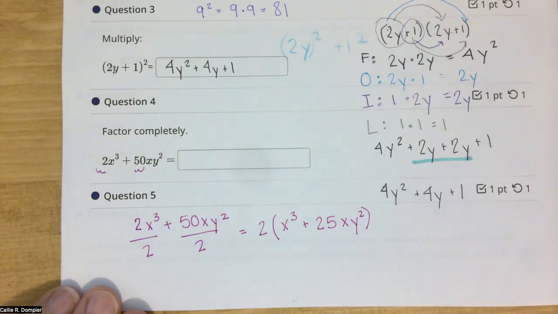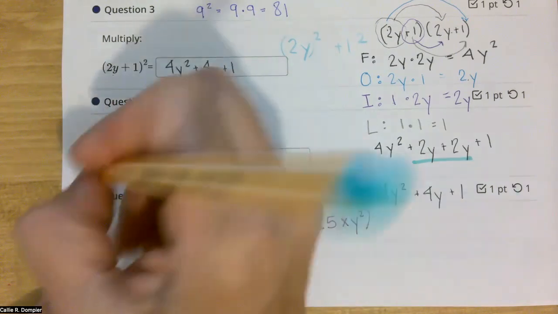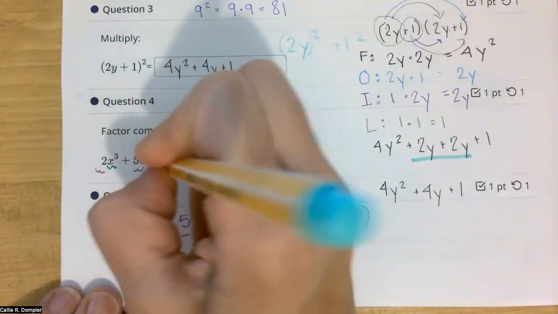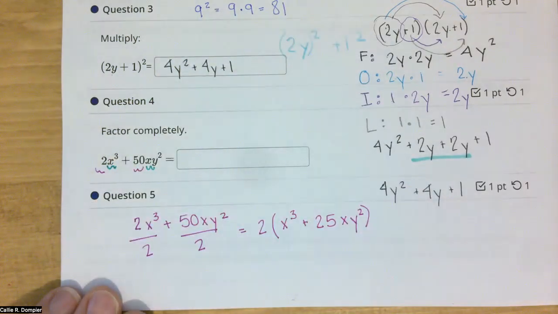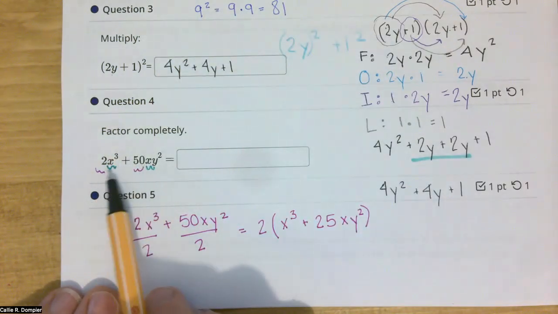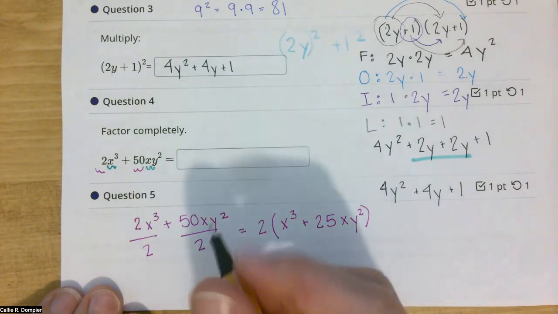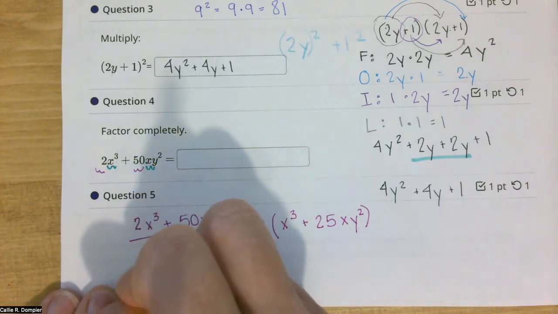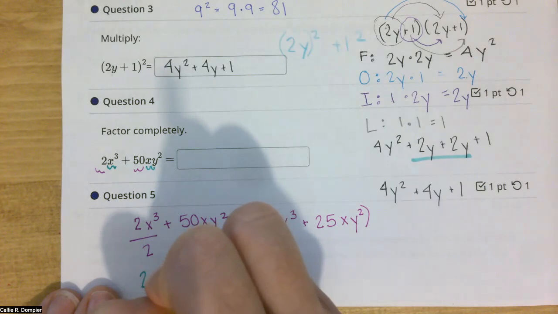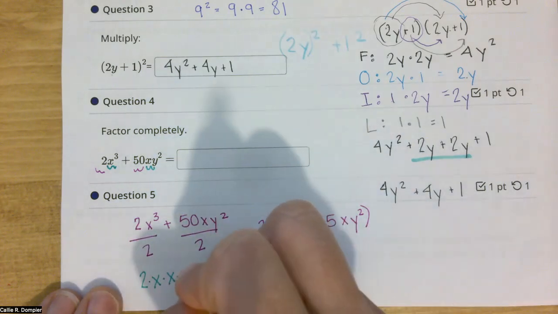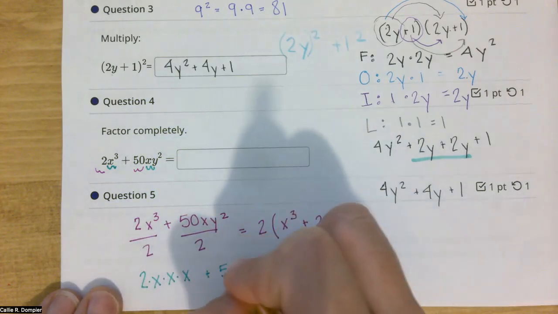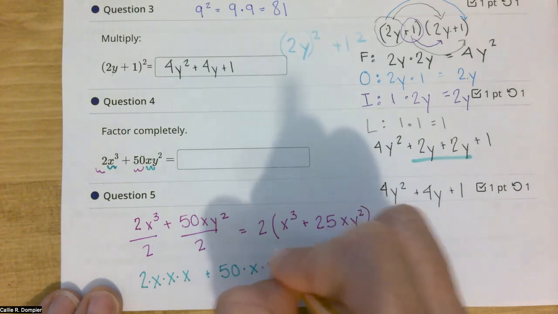There is one more thing we can factor out, all right? We can look at the x's. This is x to the third, and this is x, okay? What is common to both of those? 1x, right? Because if we imagine it, it's kind of like 2x times x times x plus 50 times x times y, right?